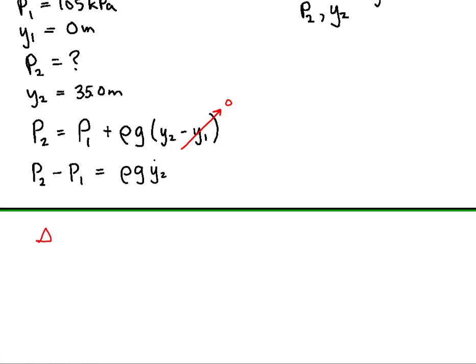So the pressure increase is equal to the density times free fall acceleration times our depth at point 2.